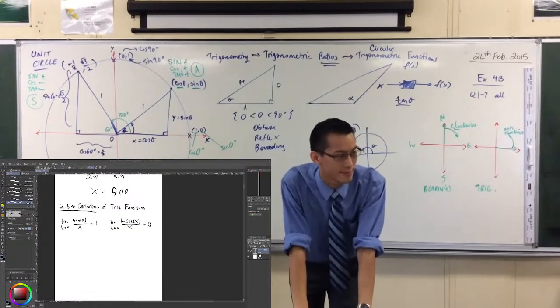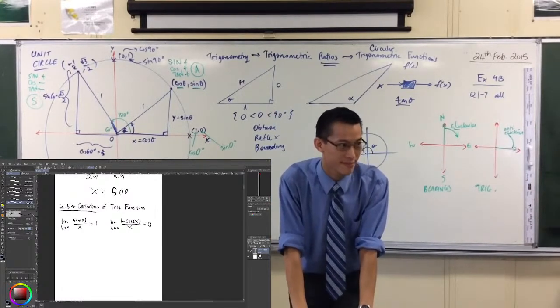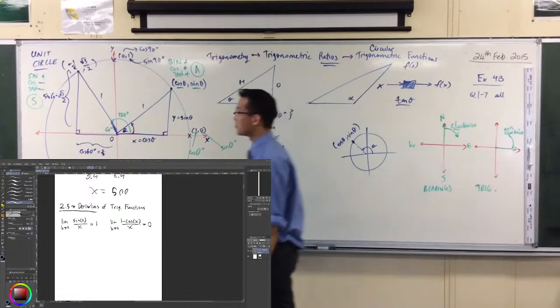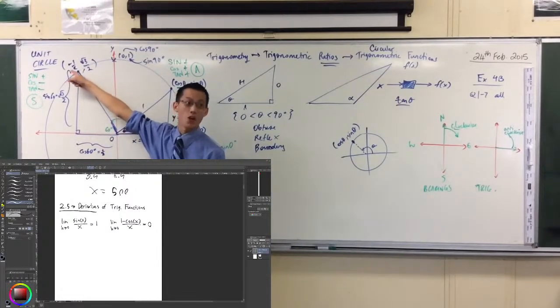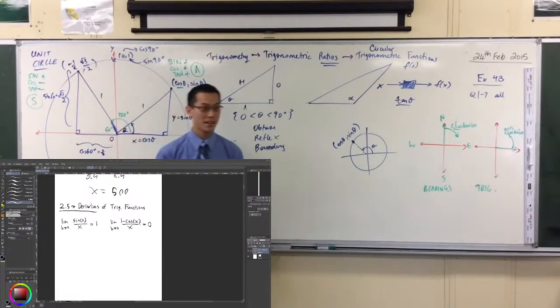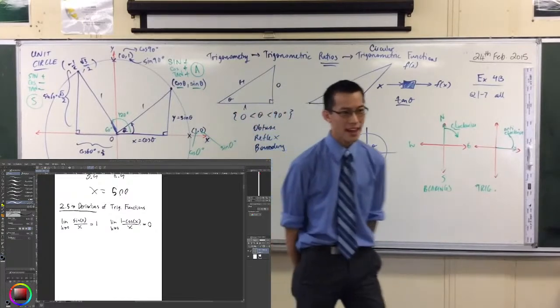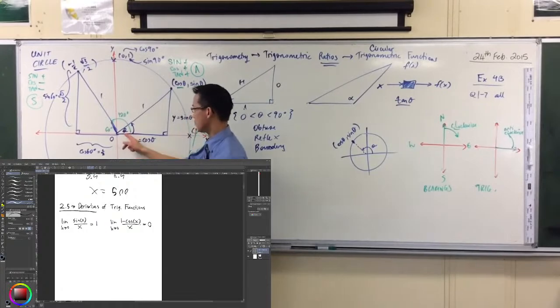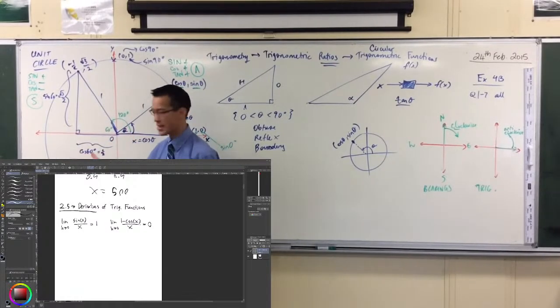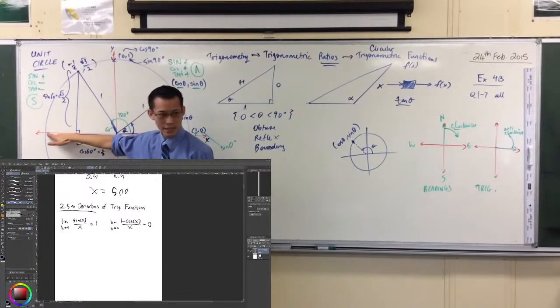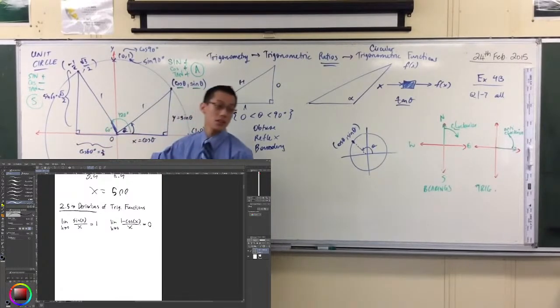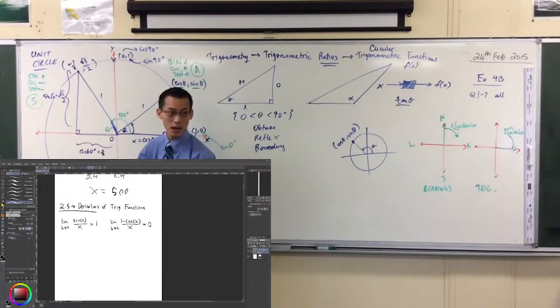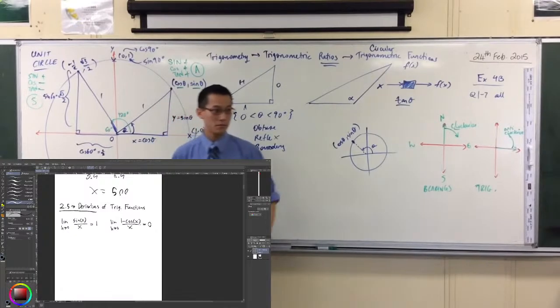So sine can be negative and cosine can be negative. Cosine of 120 degrees is negative a half. And if I come down to here, for instance, if I said sine of any angle between 180 degrees and 270 degrees, all the cosines and sines of all those angles will be negative.